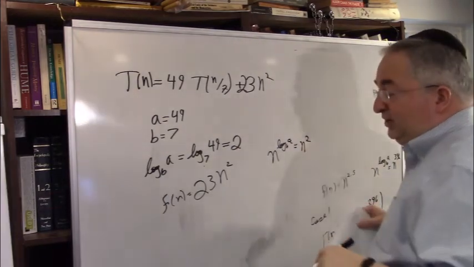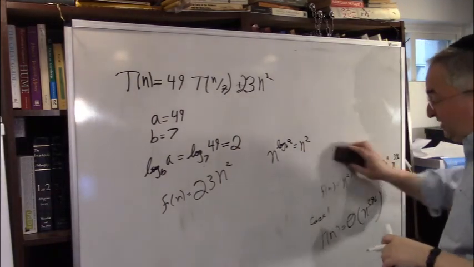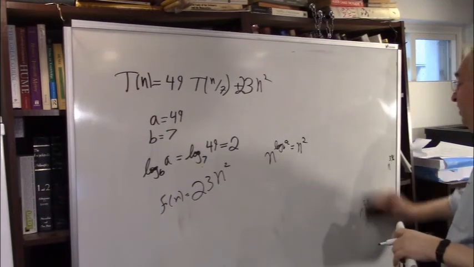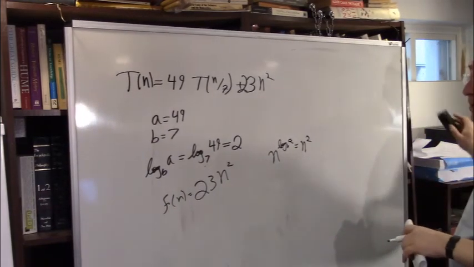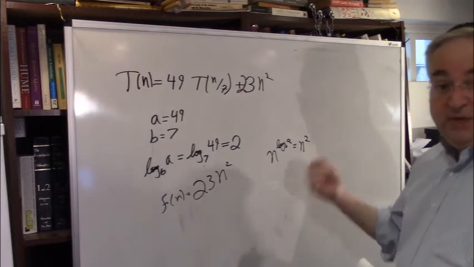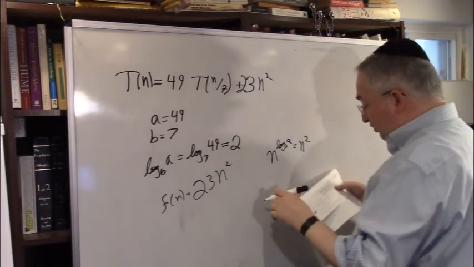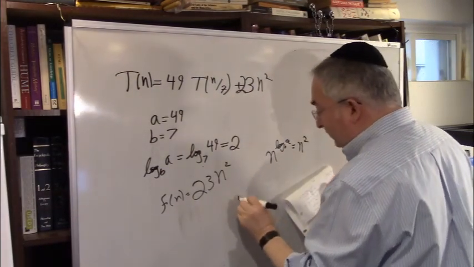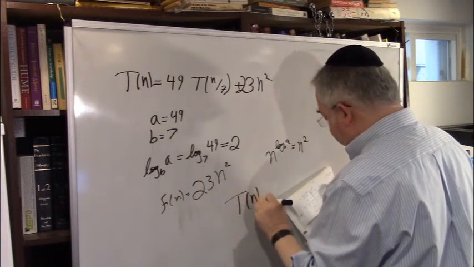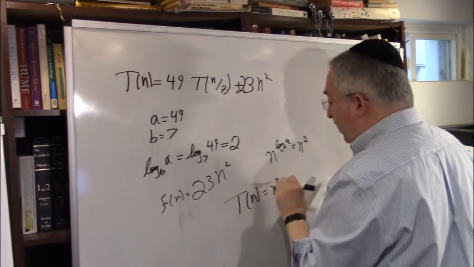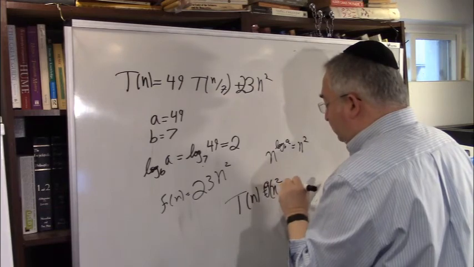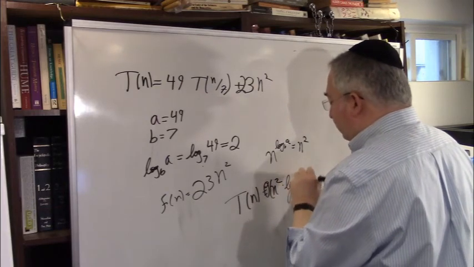What grows faster? Answer, they grow at the same speed. That means it's case 2, and so T of n is equal to theta of n squared times log of n.